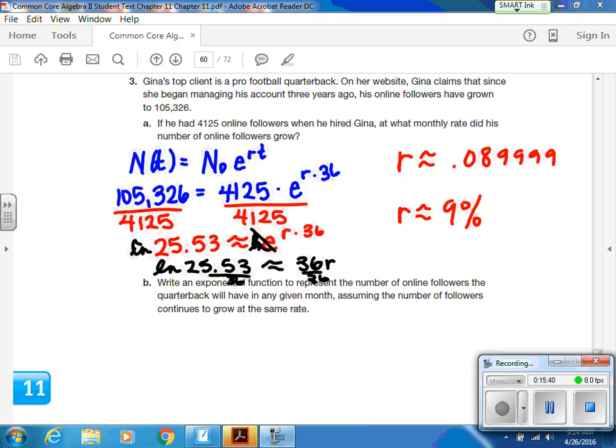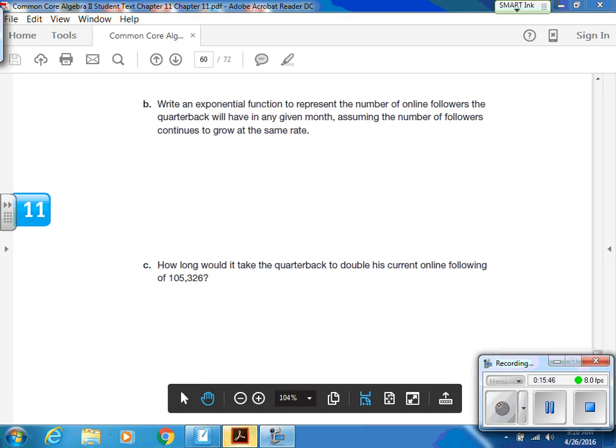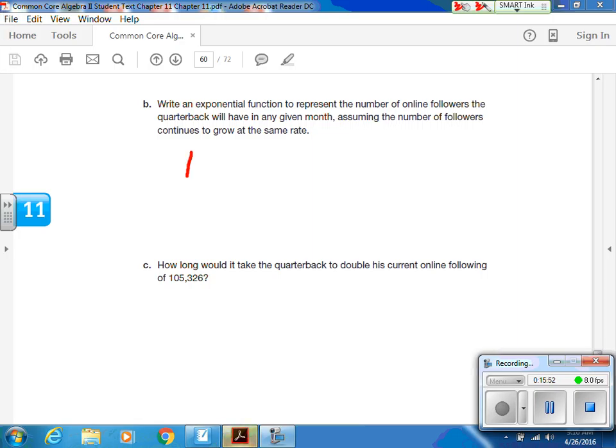We just found it in question A. Alright, what's the answer for B going to look like? What? 4,125?